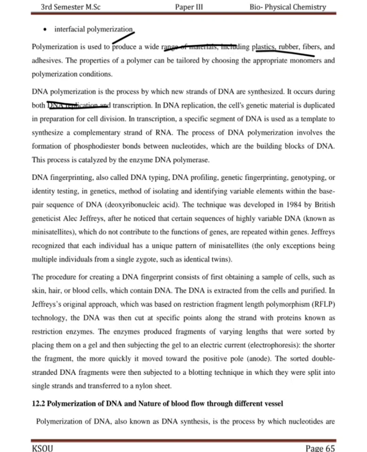In DNA replication, the cell's genetic material is duplicated in preparation for cell division. So this process of DNA polymerization involves the formation of phosphodiester bonds between the nucleotides, which are the building blocks of DNA.